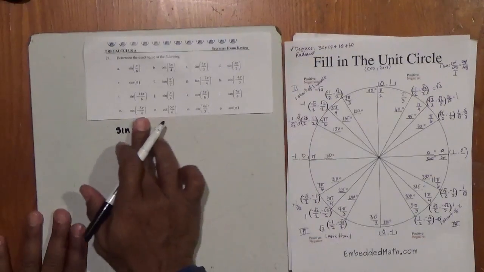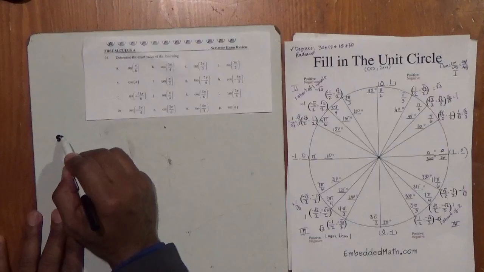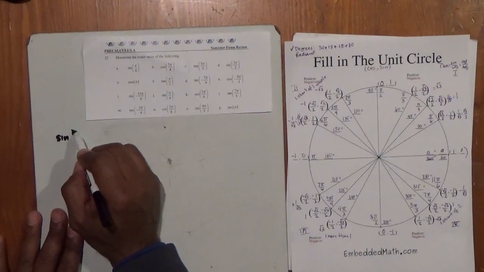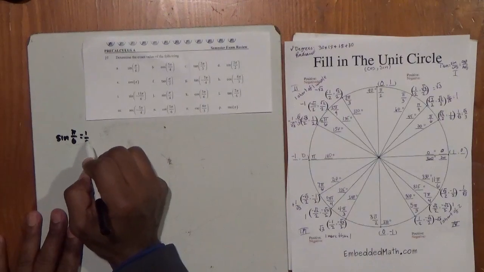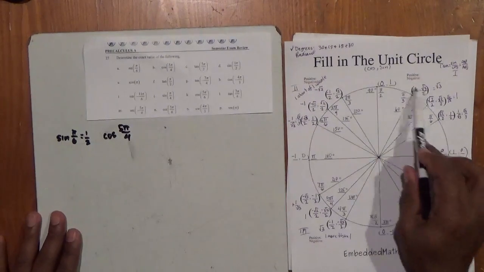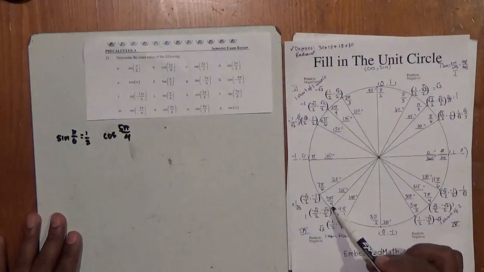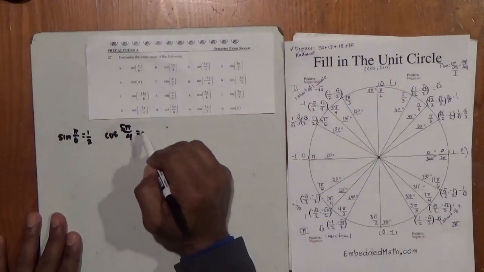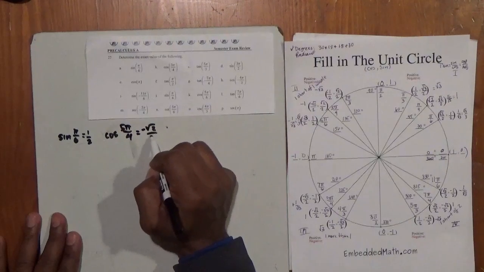I don't need that calculator. Sine pi over 6 is 1/2. All right, cosine 5 pi over 4. We can go to 5 pi over 4 right there. Cosine is the first value, so it's negative root 2 over 2.